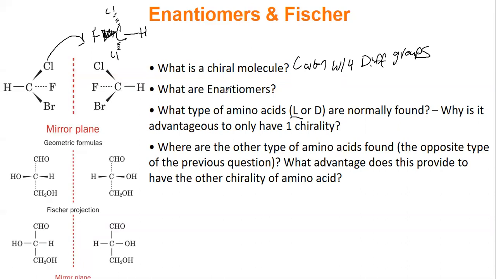However, there are other amino acids found, and they are found in what's called the peptidoglycan layer of bacteria. We'll actually study this, but the peptidoglycan layer is the outer layer of bacteria that's made out of sugar and protein.